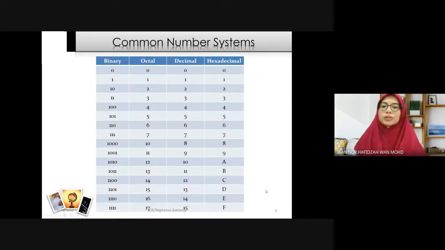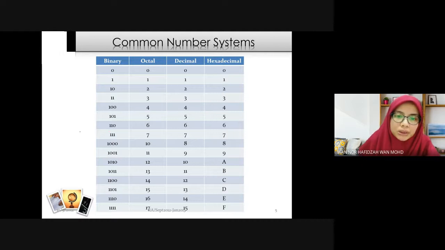So this is the common number system. Maybe some of you have a problem. Maybe some of you forgot, for example, what 6 in binary is, or what 7 in binary is. So how to do it?